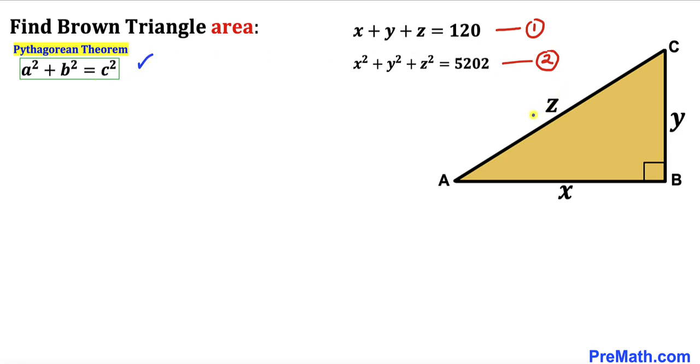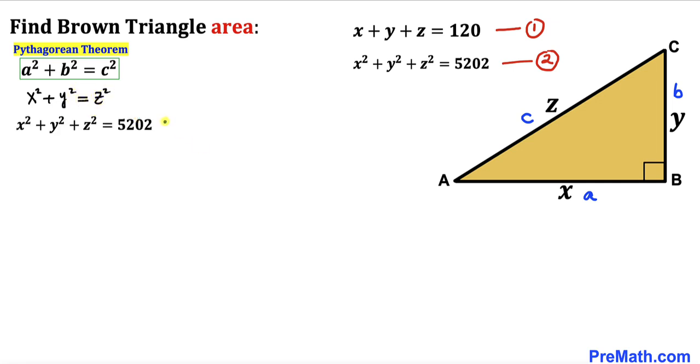Let me call this longest side our hypotenuse C, and this horizontal side lowercase a and this side lowercase b. Then this equation simply becomes X square plus Y square equals Z square.